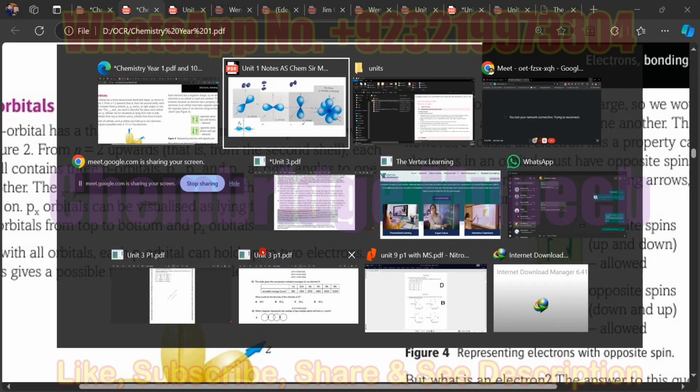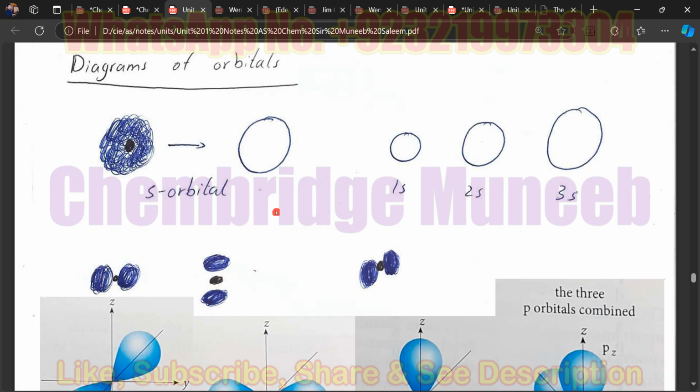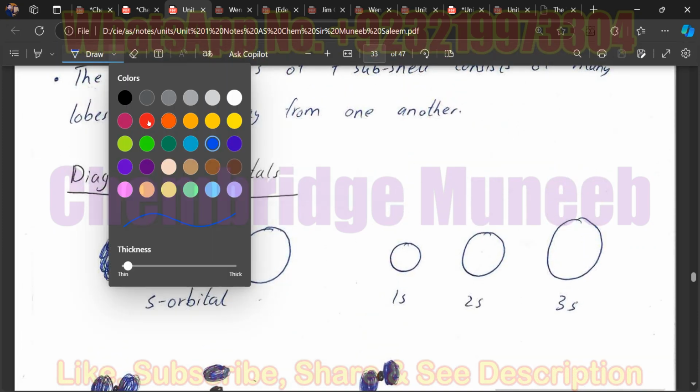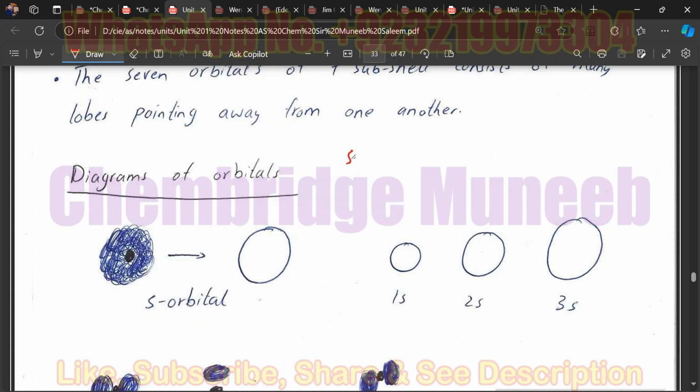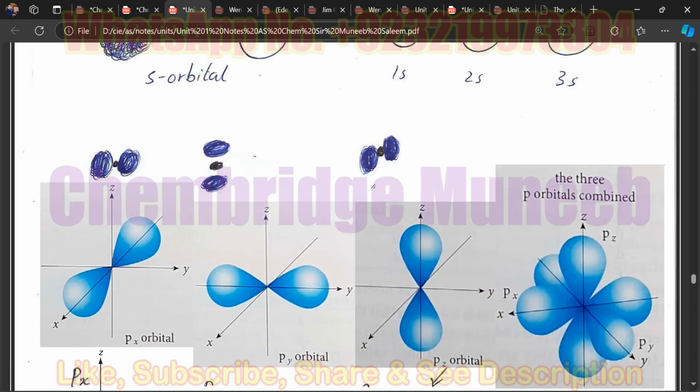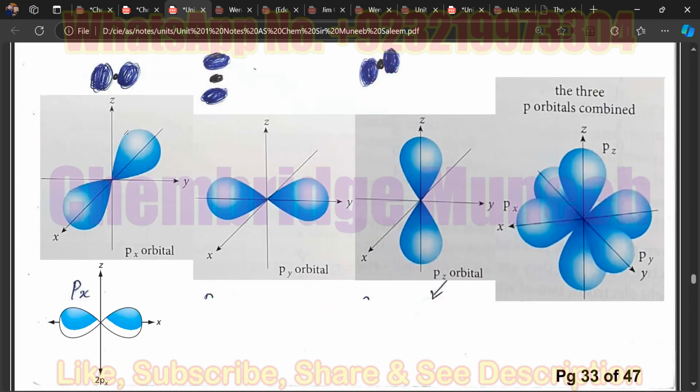As you told me, there are 4 subshells, right? The S, P, D and F. You have seen the diagram of the S subshell, but what about the P subshell? The P subshell has this kind of shape.